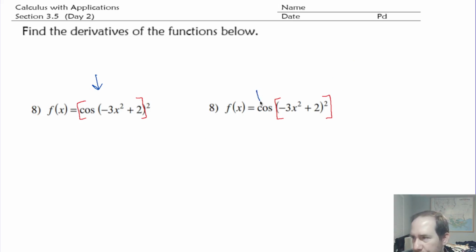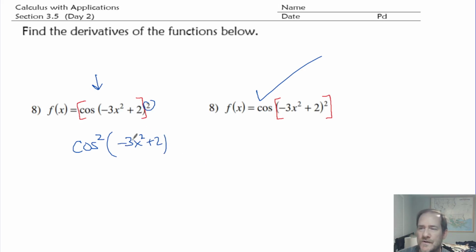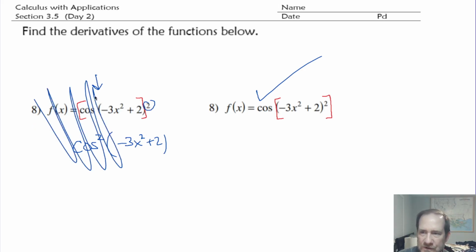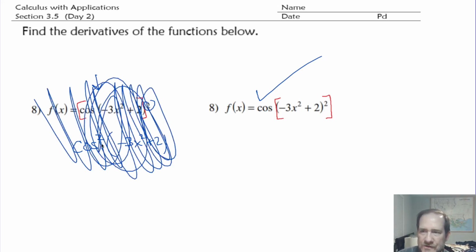Well, this one is right, because over here, if we had the cosine all squared, they would have written it as cosine squared of the negative 3x squared plus 2. So we already have a way to express what this one over here is trying to express. So I would say that's just not the right interpretation of the problem. This one is. So looking at 8.